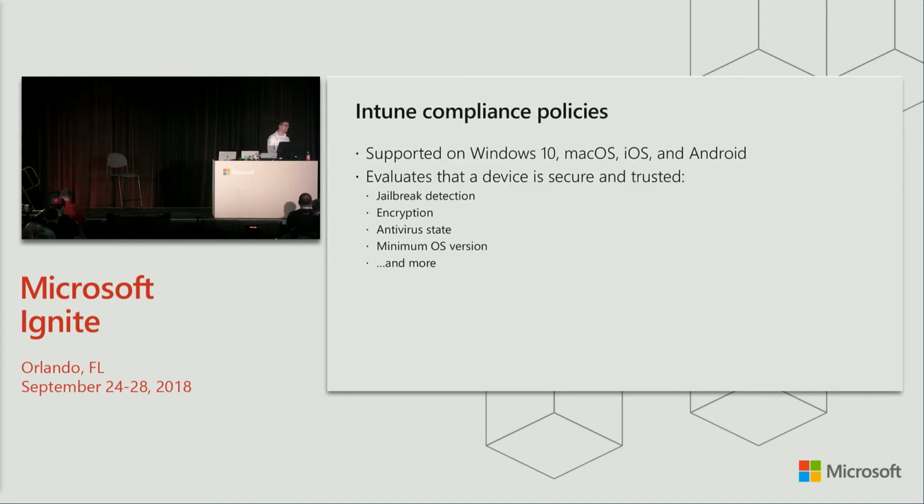Is it jailbroken? Is it rooted? Is antivirus turned on? These kinds of things. We can apply compliance policies on iOS, Android, Windows, macOS, across the board. And for a long time, that was good enough to basically say, this device has a reduction of risk, therefore we trust it, we give it access.